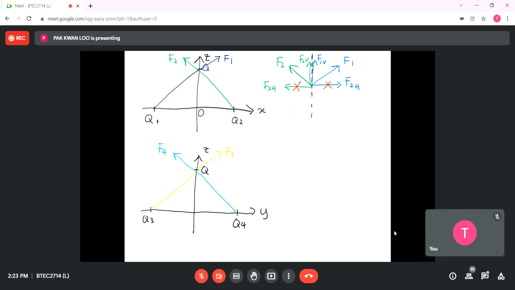And again, we have a similar situation if we try to resolve this.